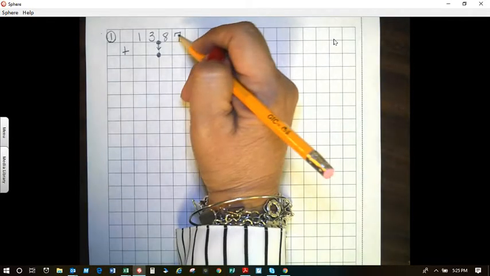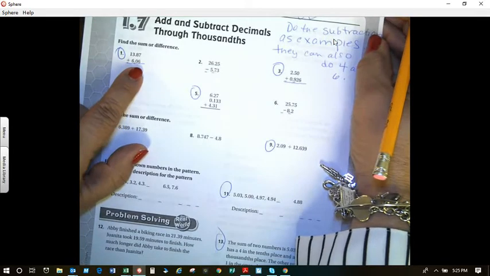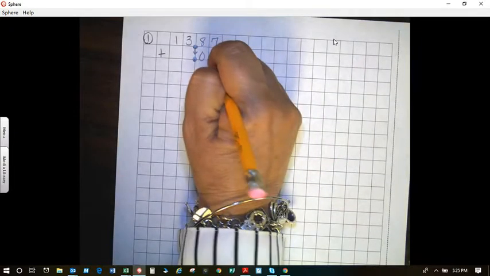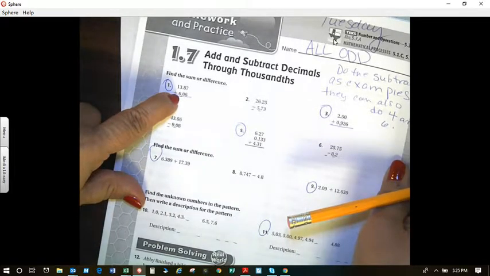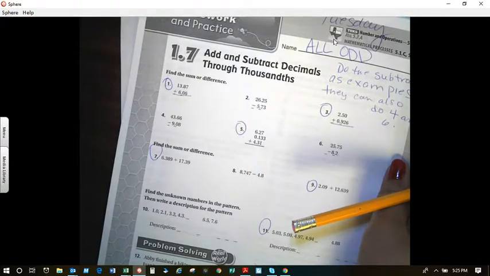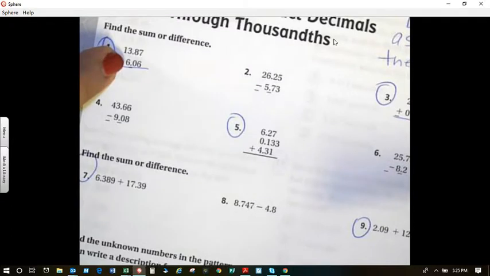The next one has a 0 right next to the decimal. So I'm going to place those numbers here first, and then I can have my 6 that's in the ones place. So I have the 6 in the ones place that's right next to that decimal, and then I will place it here.